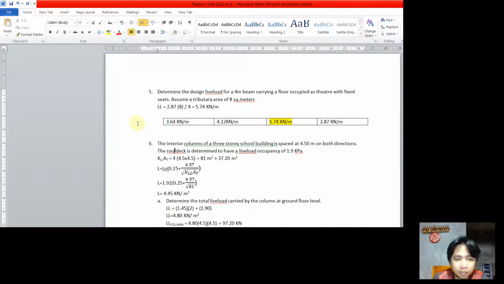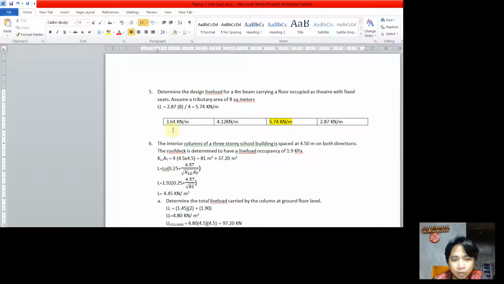And then 4.5 by 4.5 is the adjacent tributary area that the column carries. So it is just actually a rectangular one. So it will yield a value of 81 square meter, that is greater than the minimum requirement of 37.2 square meter.